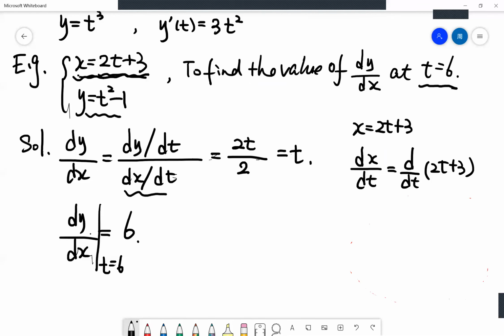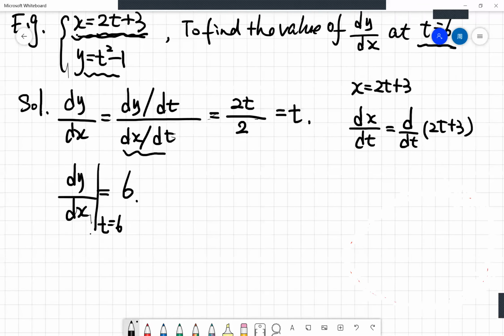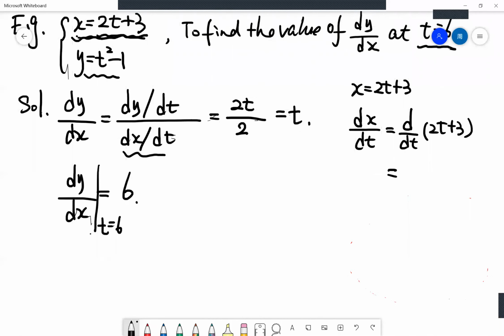So we have, the first part, 2t prime means 2, right? And 3 prime means 0. So we have 2 here. Any other questions? No, Lashi.